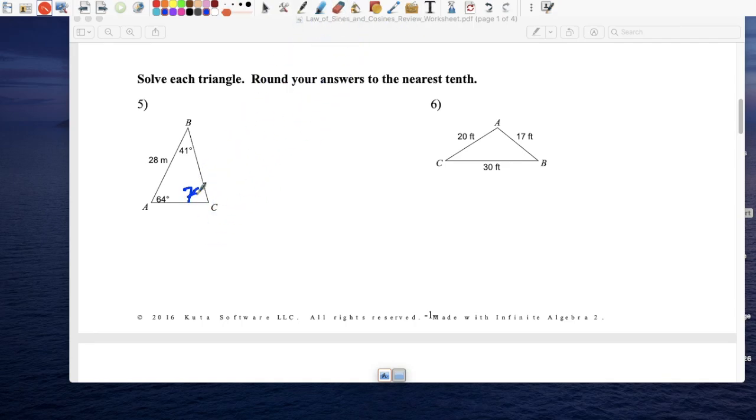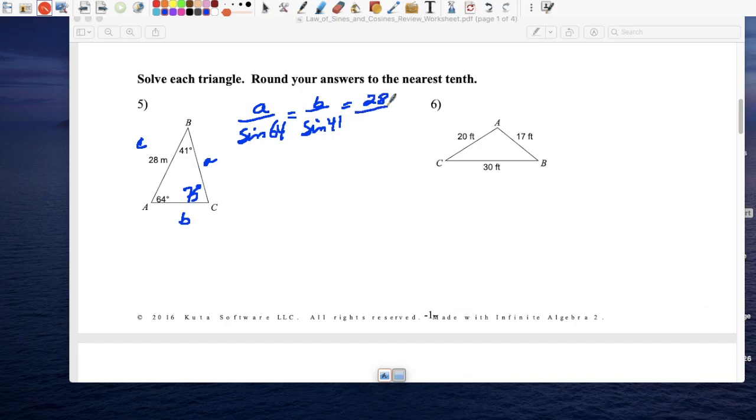Now, once you have an angle and the side that's opposite that angle, you have all the values for C, then you know it's going to be law of sines. So if you set this up, little a, little c, and little b, it's going to be a over sine of 64, b, which is little b over sine of 41, and then little c, which we know both.